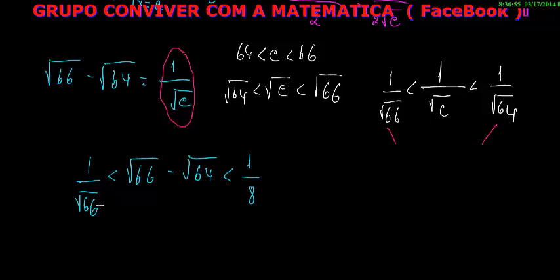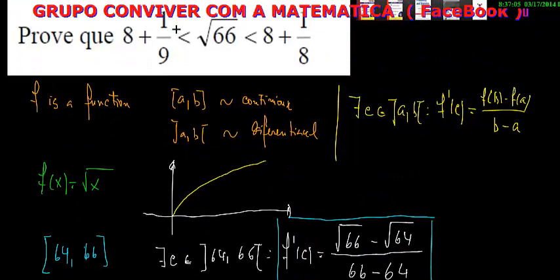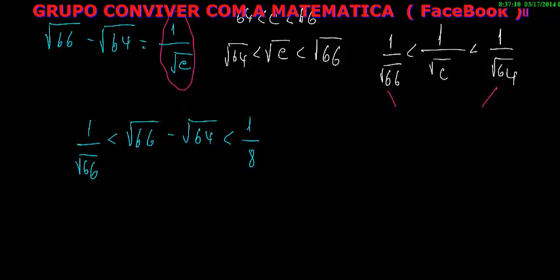But if you can see, square root of 66 is not an exact number, so I must find something to show you this double inequality. So the next perfect square very close to 66 must be 81, and I can write here 1 over square root of 81.